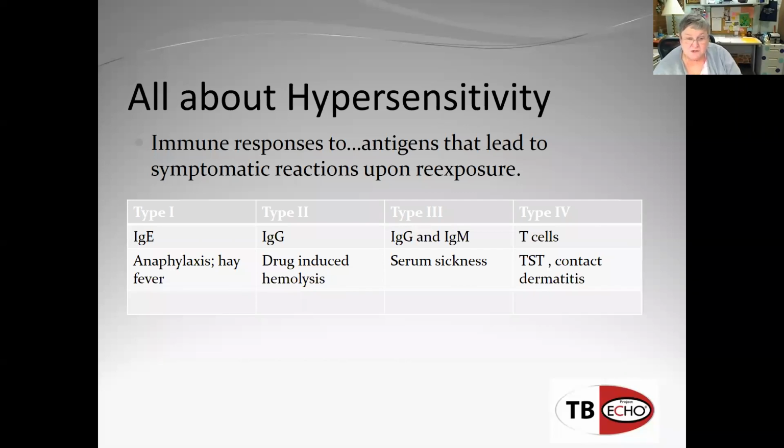The one I'm going to talk about today is type 1, and that's anaphylaxis and hay fever. So these are drug reactions and hay fever. The other 2 reactions, drug-induced hemolysis, you see it with ABO incompatibility. Okay, next slide, please.